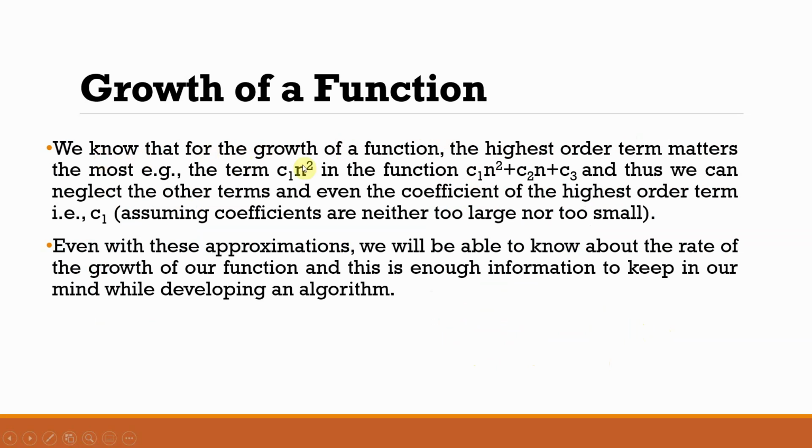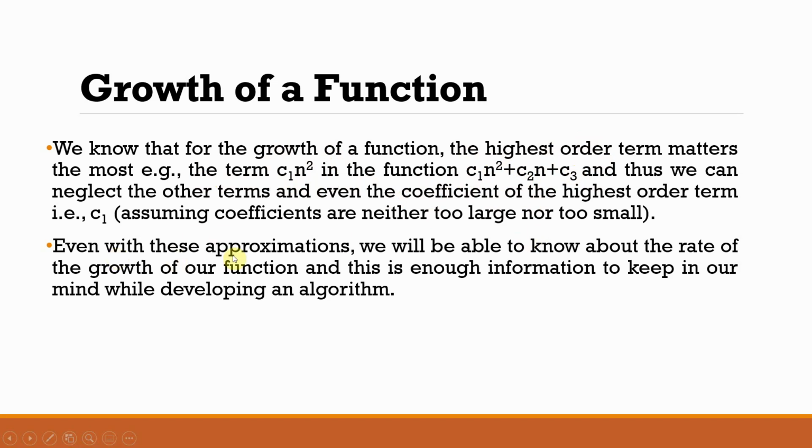We know that for the growth of a function, the highest order term matters the most. So if we have a cost function like c sub 1 n squared plus c sub 2 n plus c sub 3, the first term, c sub 1 n squared, is the dominant term. And we're going to use this one for the big O notation.